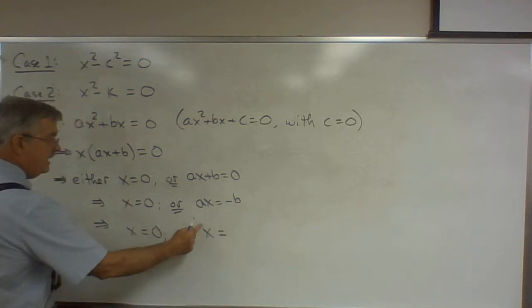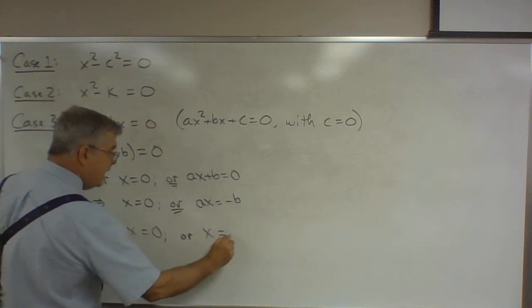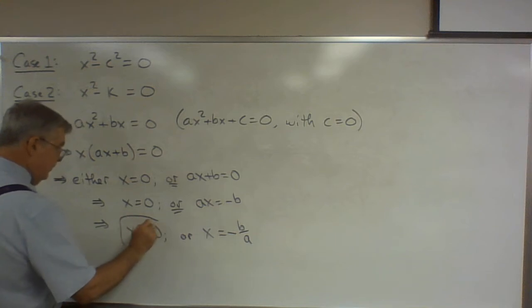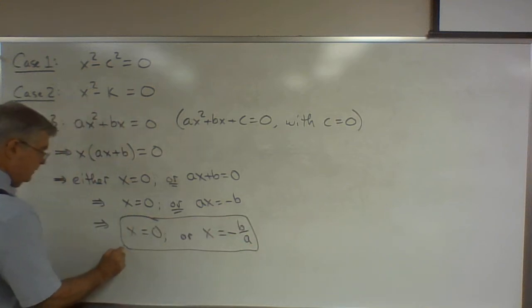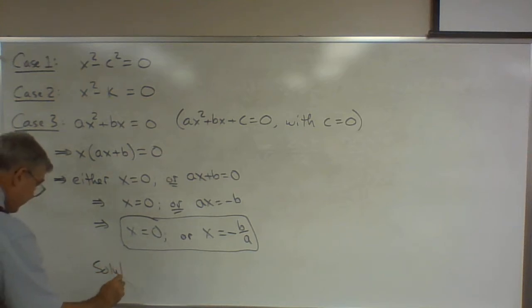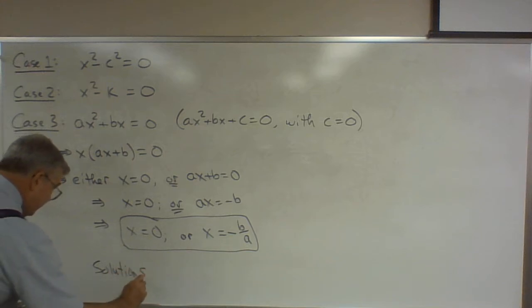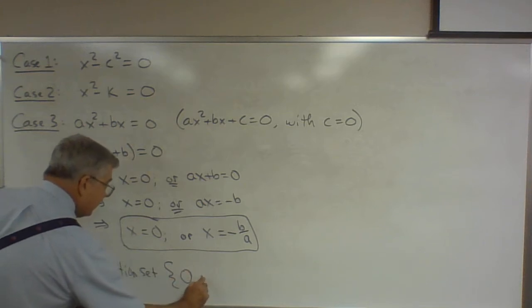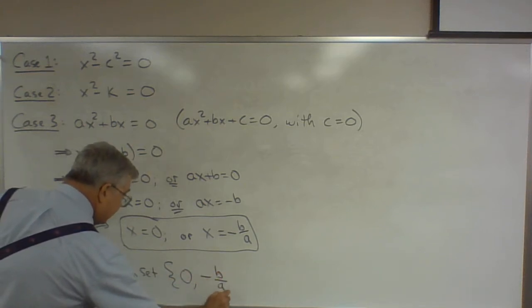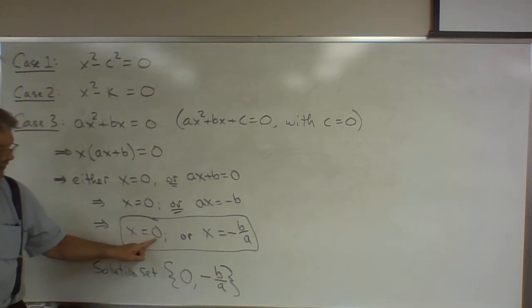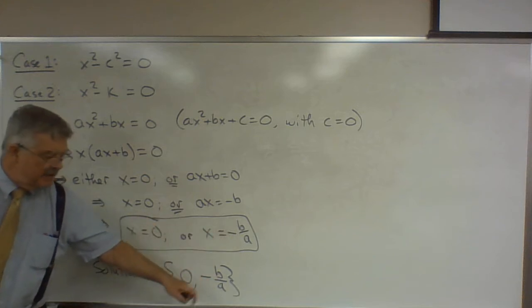And that will yield x equals negative b divided by a. And our solution set is 0 and negative b over a.